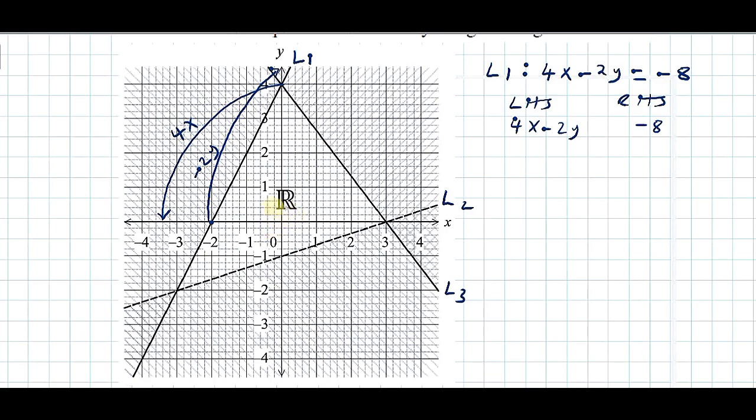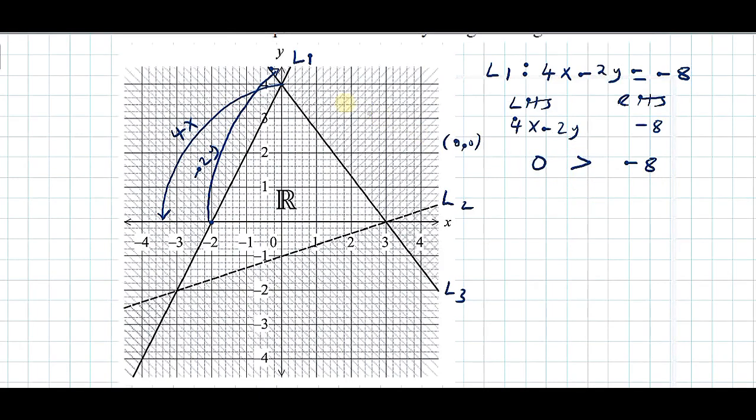I choose that because substituting 0 for x and y is usually simple. So if we pick the origin, the left-hand side becomes 0, and the right-hand side is -8. So 0 is greater than -8.